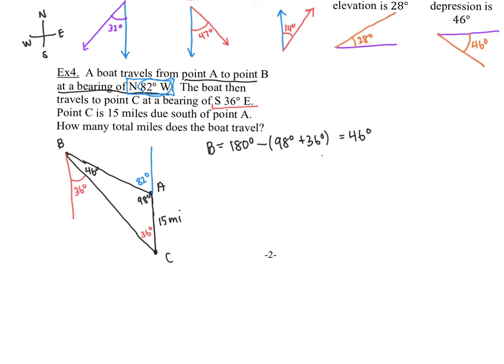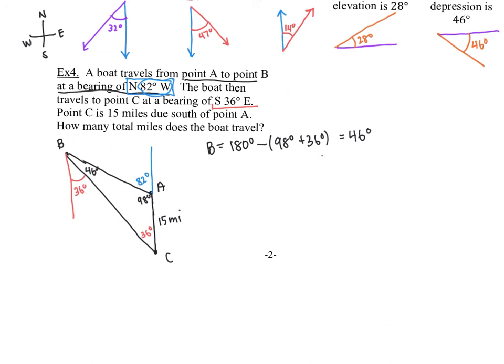Depending on your geometry skills, you might have also gotten it seeing that this 82 degrees is an alternate interior angle to these combined angles, which makes these add up to 82. If your geometry book did same side interior angles, you might have noticed that 98 and these should be supplementary. So finding the angles is kind of up to you. Now that I have all the angles, I can find the missing parts.